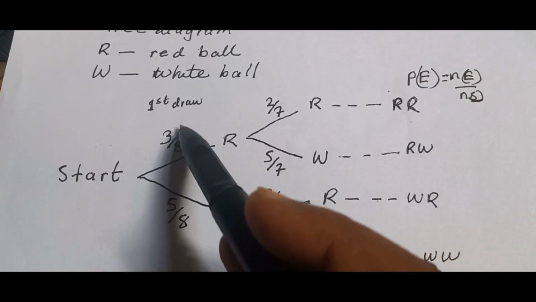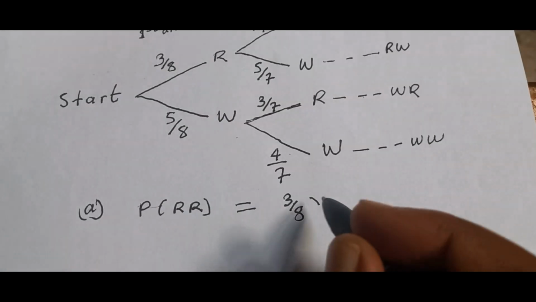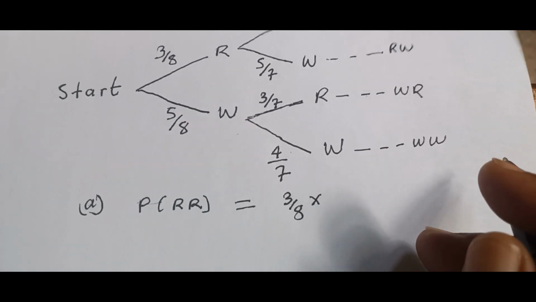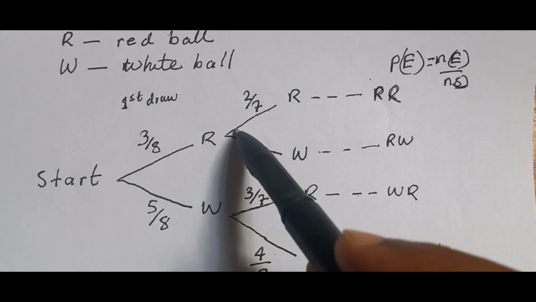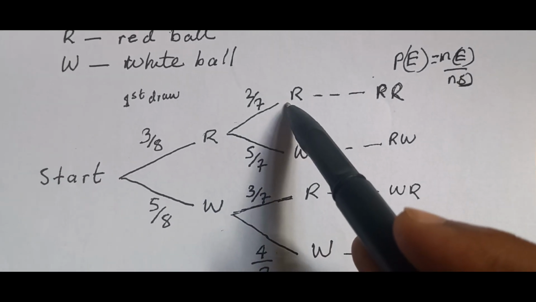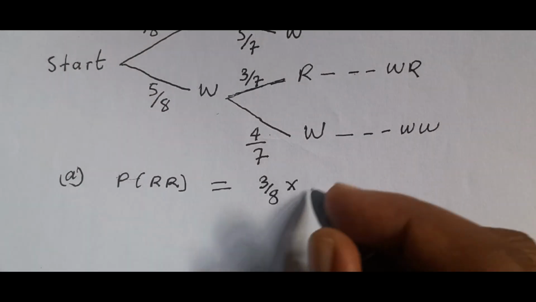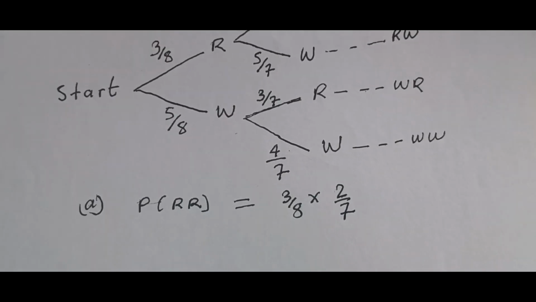Take the probability of the first draw, that is drawing a red ball, which is 3 over 8, times the probability of drawing a second ball with red color, which is 2 over 7.